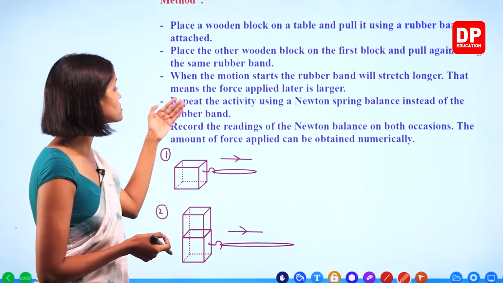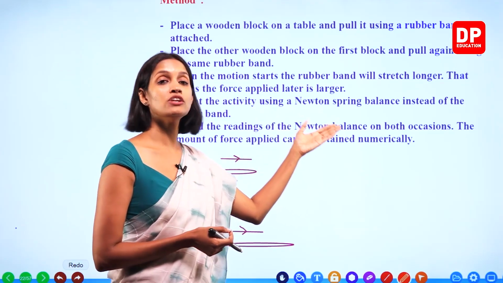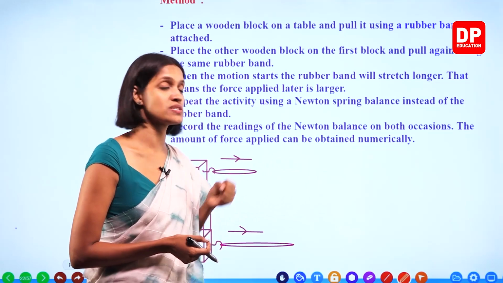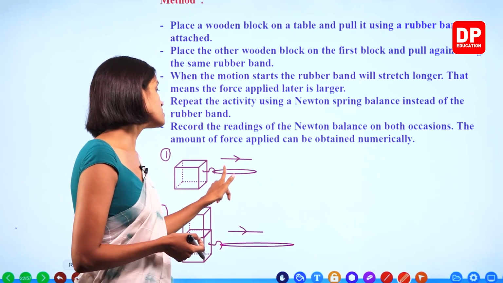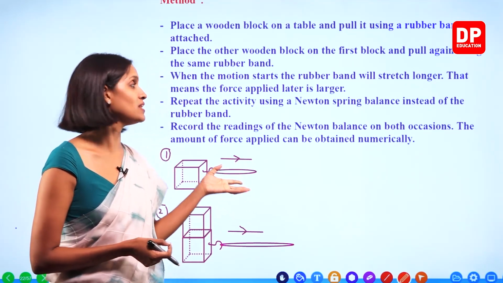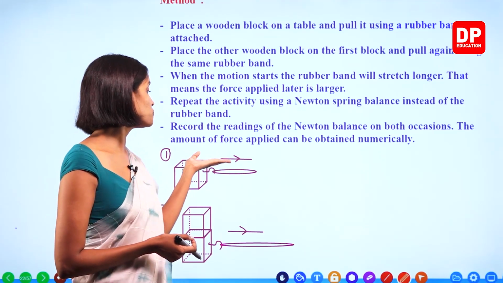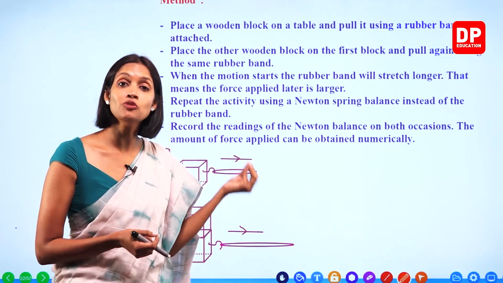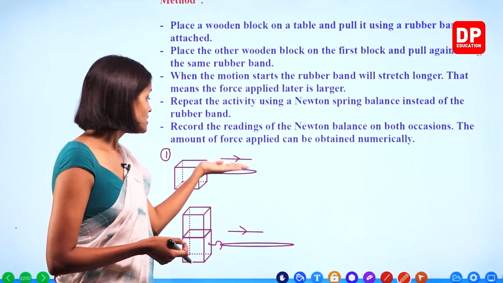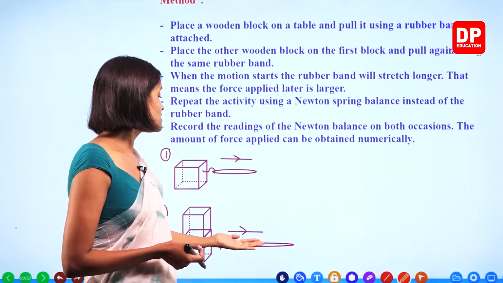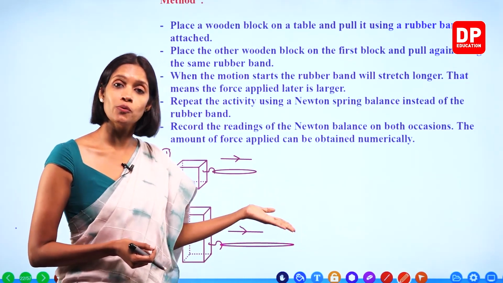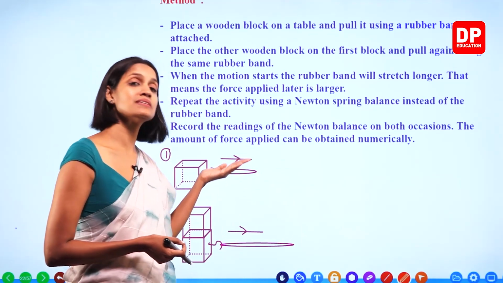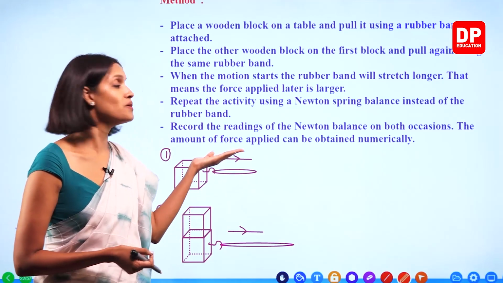The amount of force applied can be obtained numerically, in numbers. Okay, when you use the rubber band, you cannot obtain the value. Okay, the amount of force applied cannot be observed numerically. Right? You can just see that the second instance, the rubber band stretches more. But when you use the Newton spring balance, as a number, you can measure it.